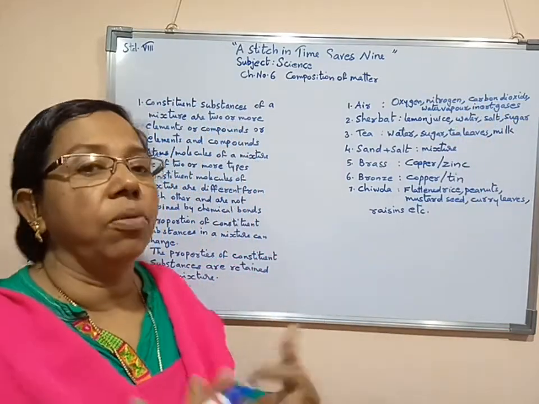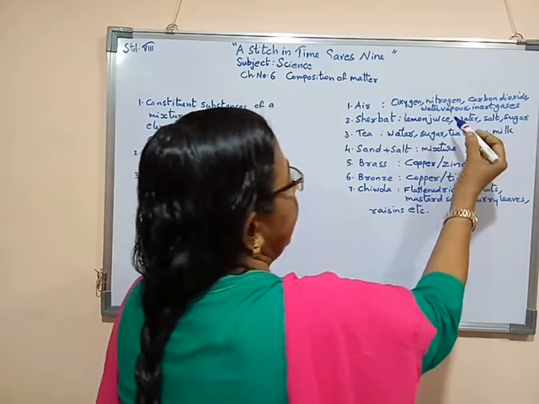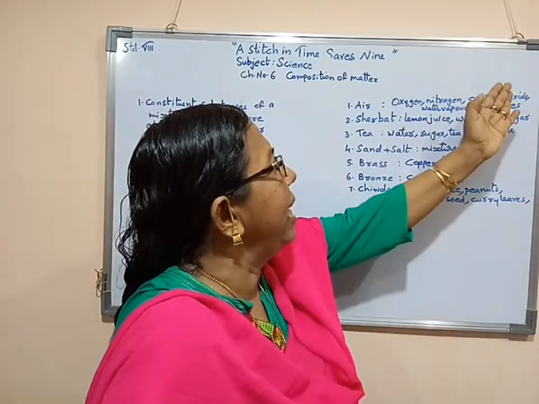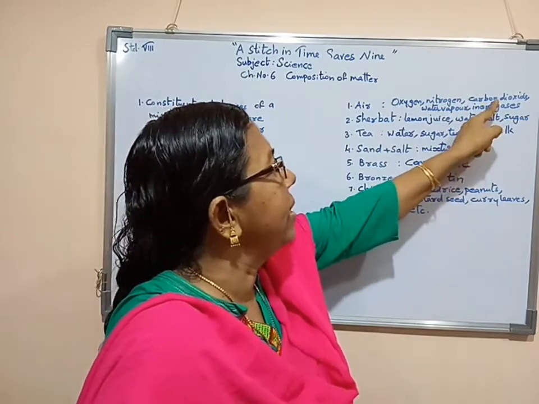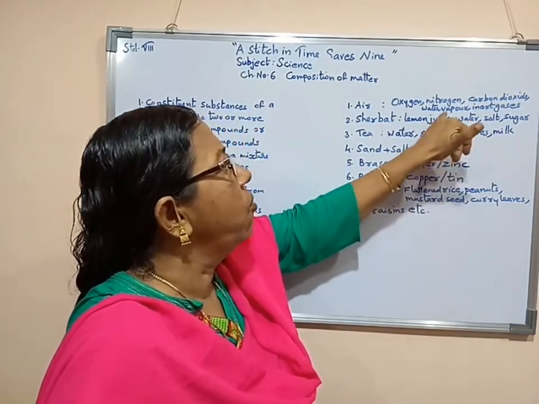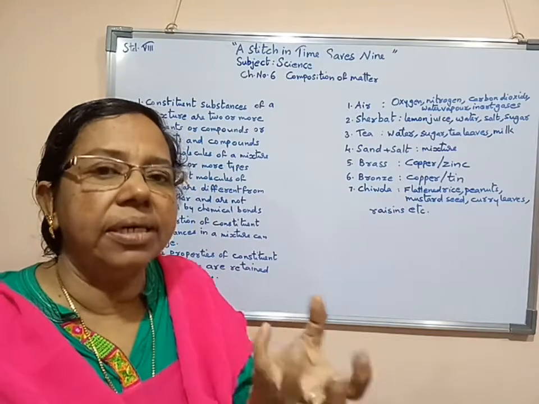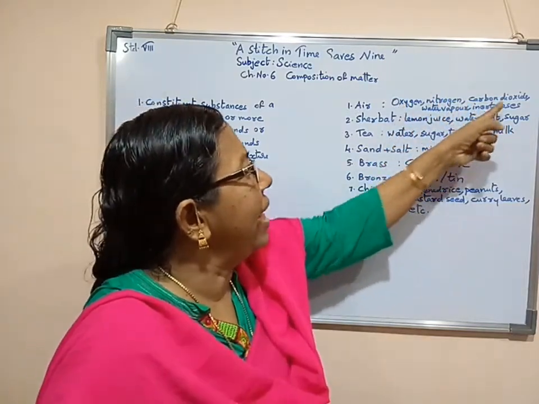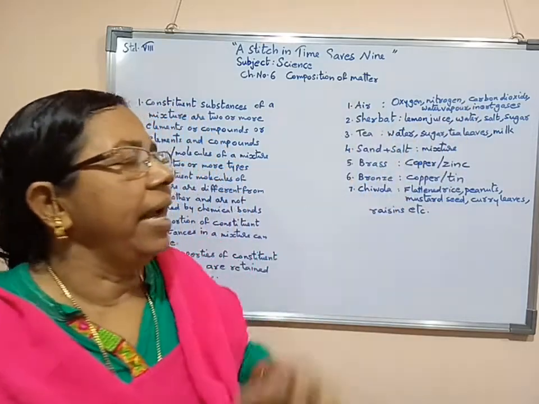So two or more elements. Even elements and compounds: carbon dioxide is a compound, water vapor, that is water, is also a compound. So elements and compounds joined together, air became.